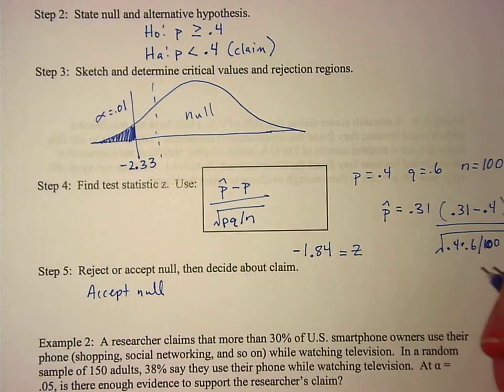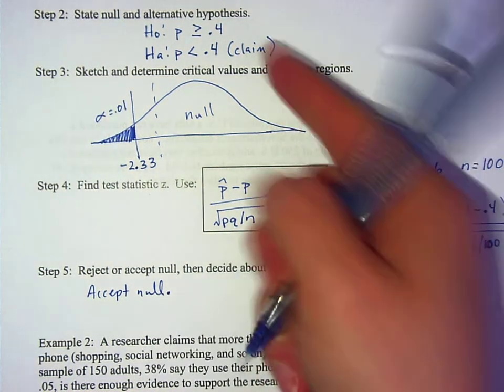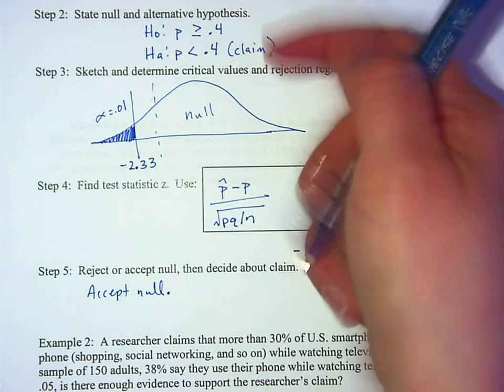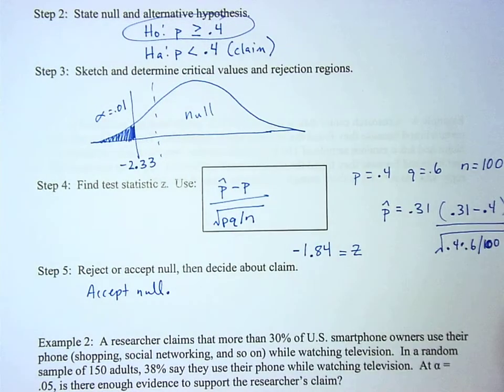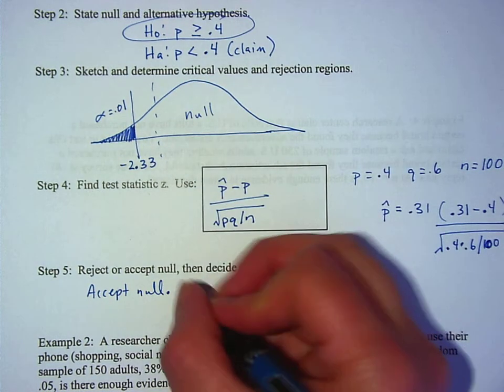Does that mean that we accept the claim? No, it depends on which it is, right? And this time, if we accept the null, that means we reject the claim.